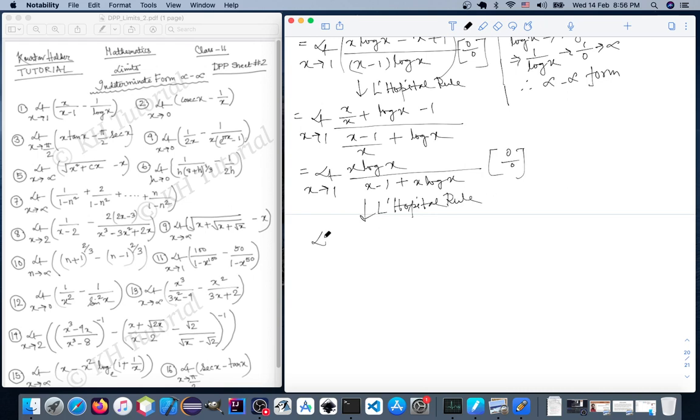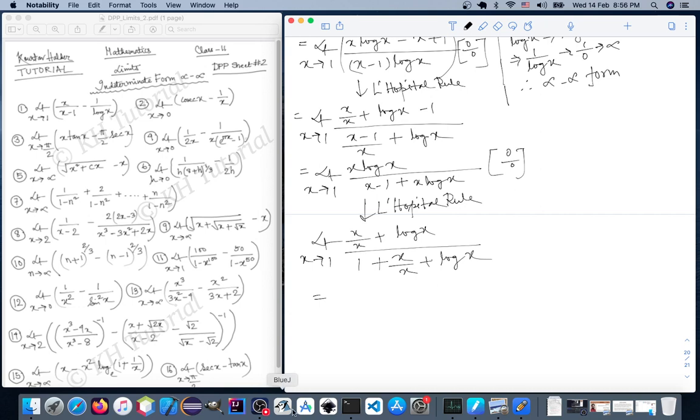And we get x by x plus log x over 1 plus x by x plus log x.